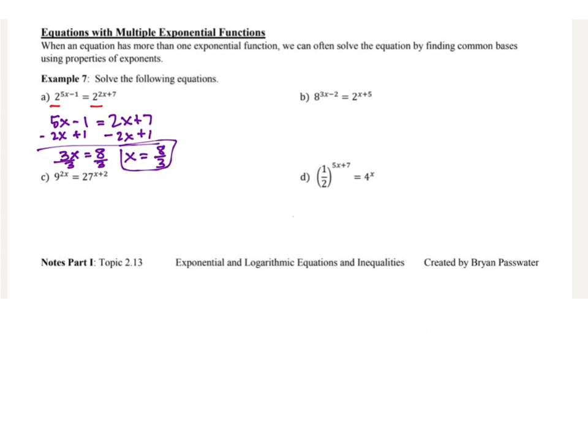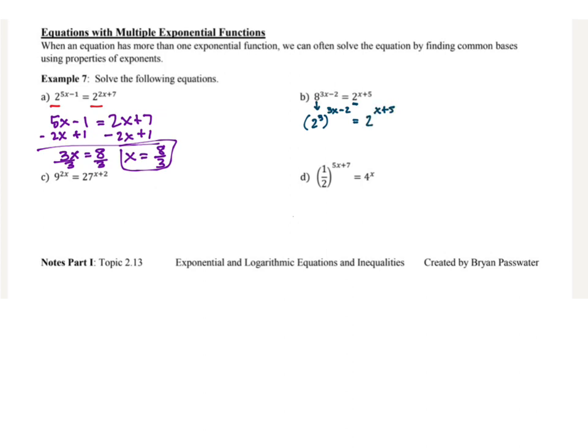So in this case, I'm going to do a rewrite on this 8 so that I have a 2 for the base. So you have to think about 8. How could I write 8 so that its base is 2? 2 to the 3rd. So another way to write 8 is to call it 2 cubed, to the 3x minus 2, equal to 2 to the x plus 5.